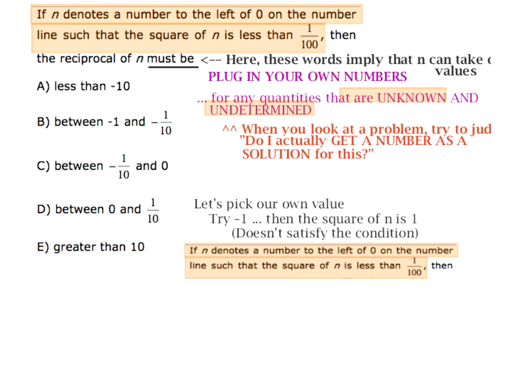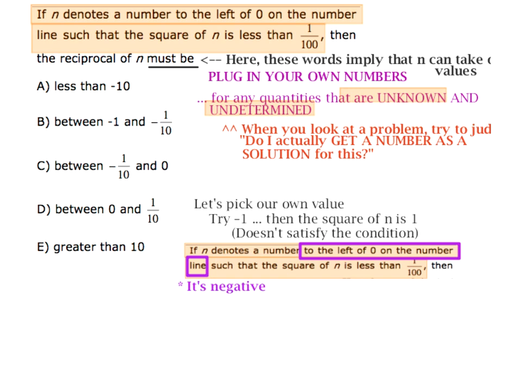If you look at these words right here, "to the left of 0 on the number line," that's just a weird way of saying that it's a negative number. So when you say -1, you got that part, but it's not any negative number in the world. It's a negative number such that the square does what you want it to.